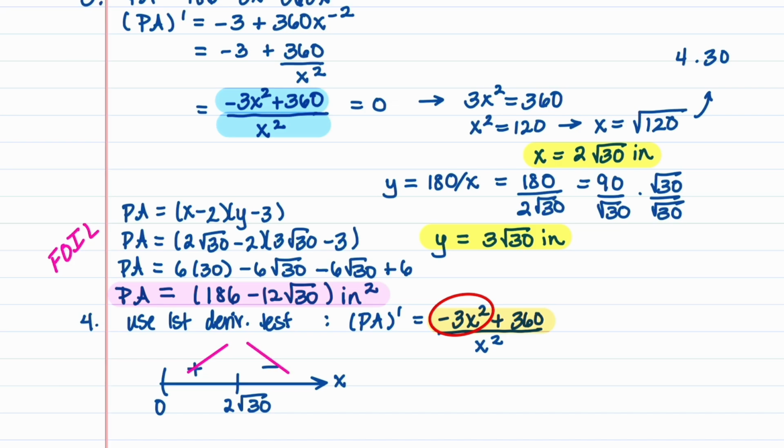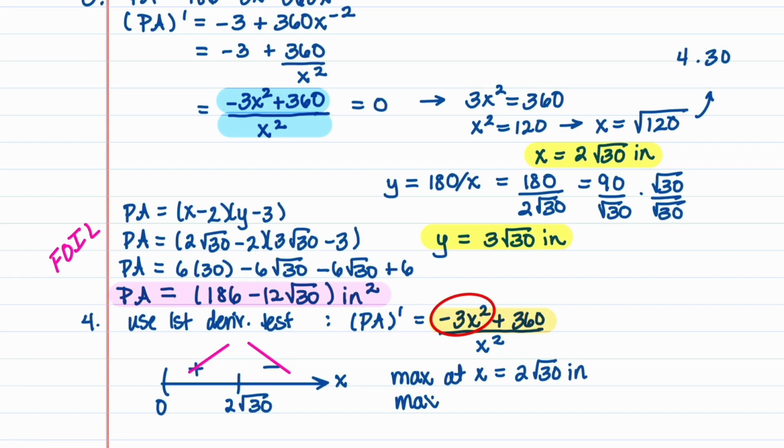So we do have a max at x equal to 2 root 30 inches. And our max is equal to PA, which is our 186 minus 12 root 30 inches squared.